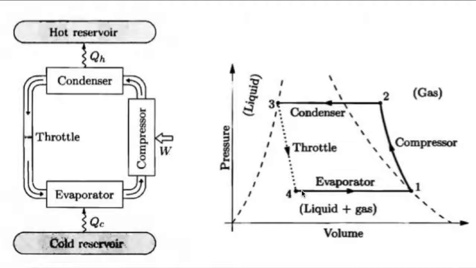And remember that it's a gas at room temperature, so for it to be liquid and gas, it's obviously much lower than room temperature. At this point, in the evaporator, the low temperature, low pressure, low volume liquid gas mixture of the refrigerant absorbs heat from the cold reservoir and becomes a gas again, hence evaporation in the evaporator. It's absorbing heat from the cold reservoir, or like the inside of your refrigerator.